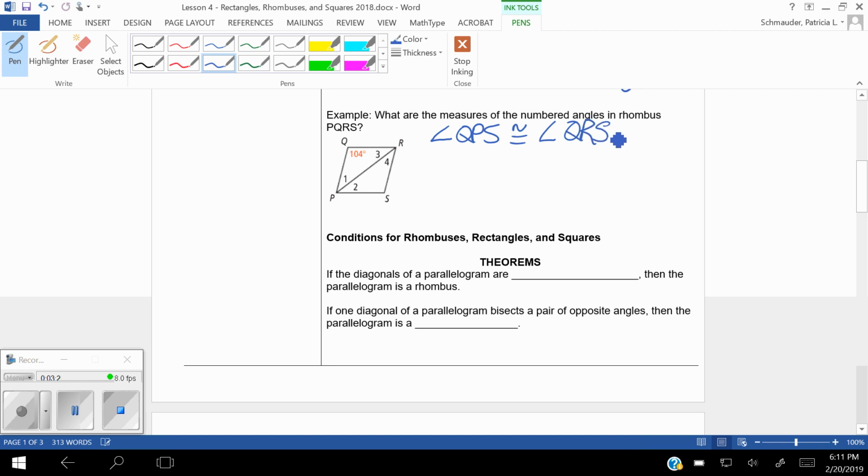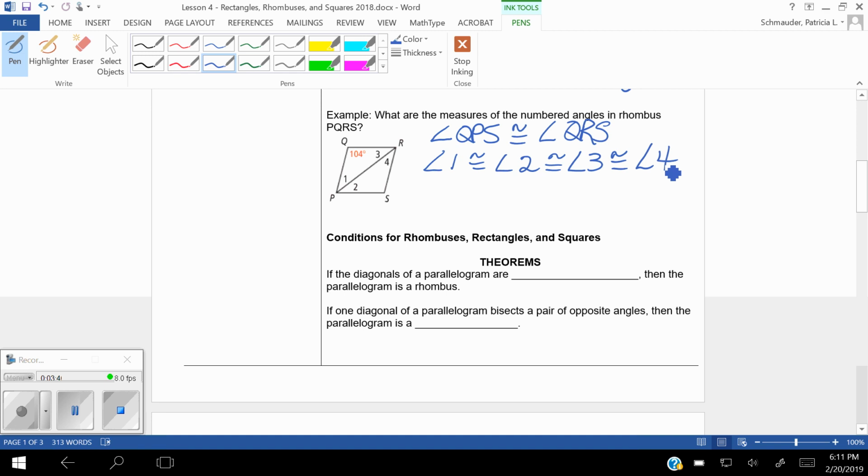And how do I know that? Because I know it's a rhombus, which means I know it's a parallelogram. Now, since it's a rhombus, I know that diagonal PR bisects those two angles. So I know that angle 1 is congruent to angle 2, and that's congruent to angle 3, and that's congruent to angle 4. All four of those are congruent.